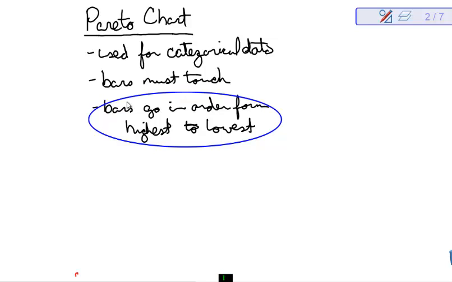So if they do not give you the data in order from least to greatest or highest to lowest, you need to put it in order. That's going to be your first step when you're working with a Pareto, and make sure that that data is in order so that when you graph it, your chart stair steps down, okay?